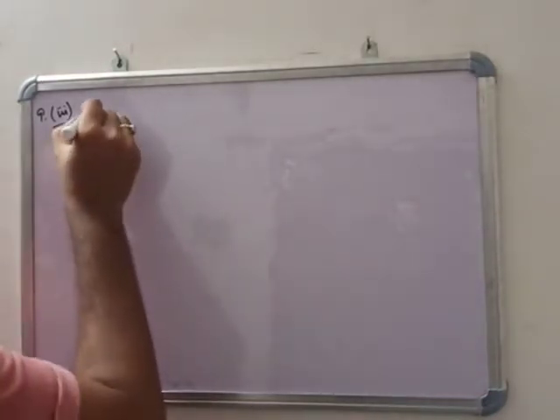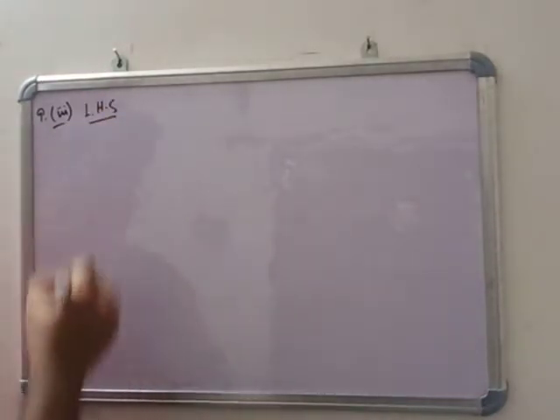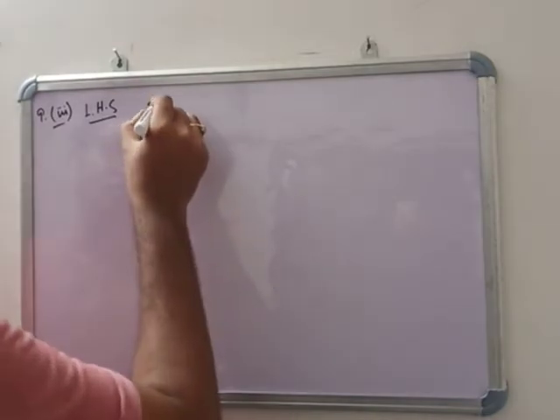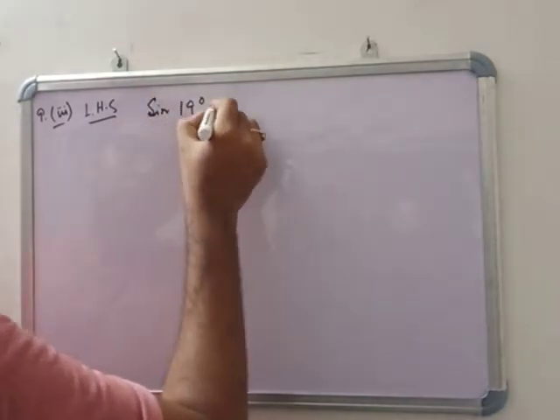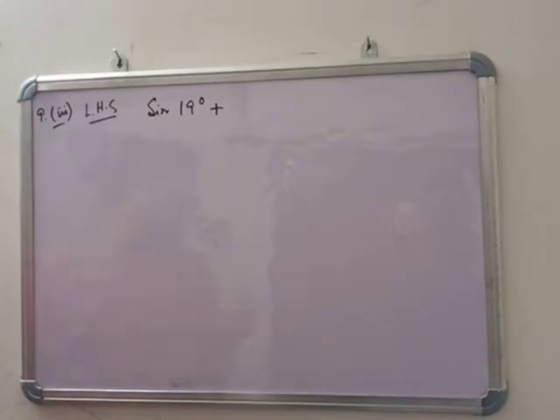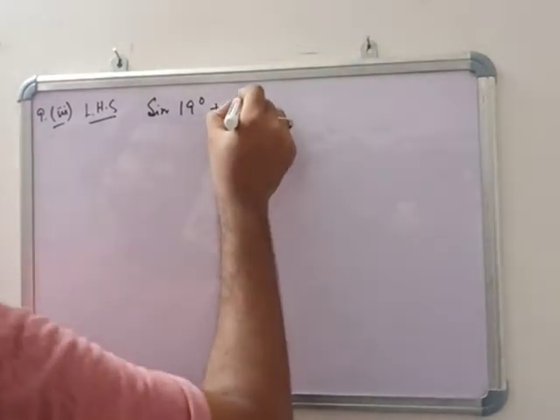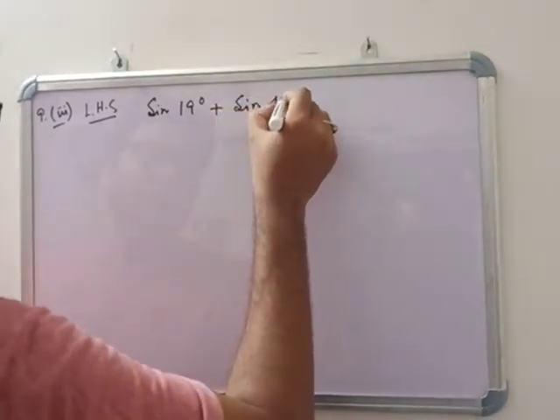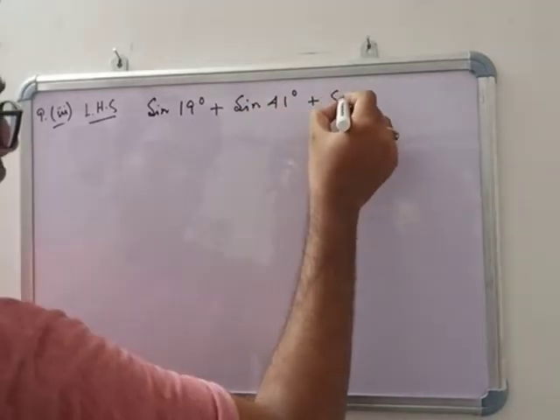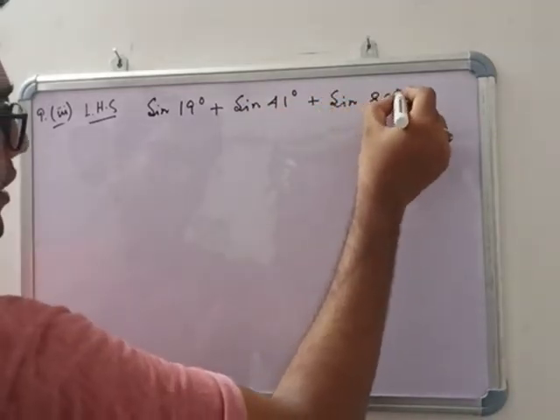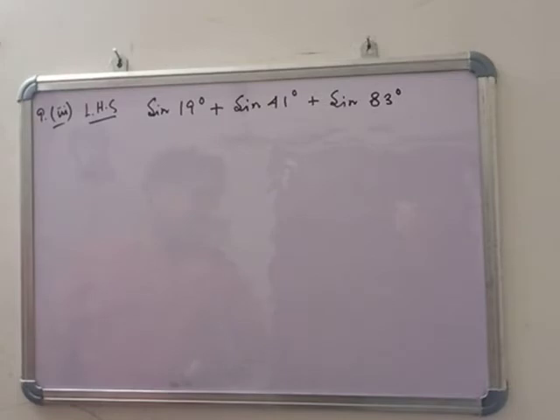In 9.3, see that sine 90 degree plus sine 41 degree plus sine 83 degree. This is given as LHS. Now see that.